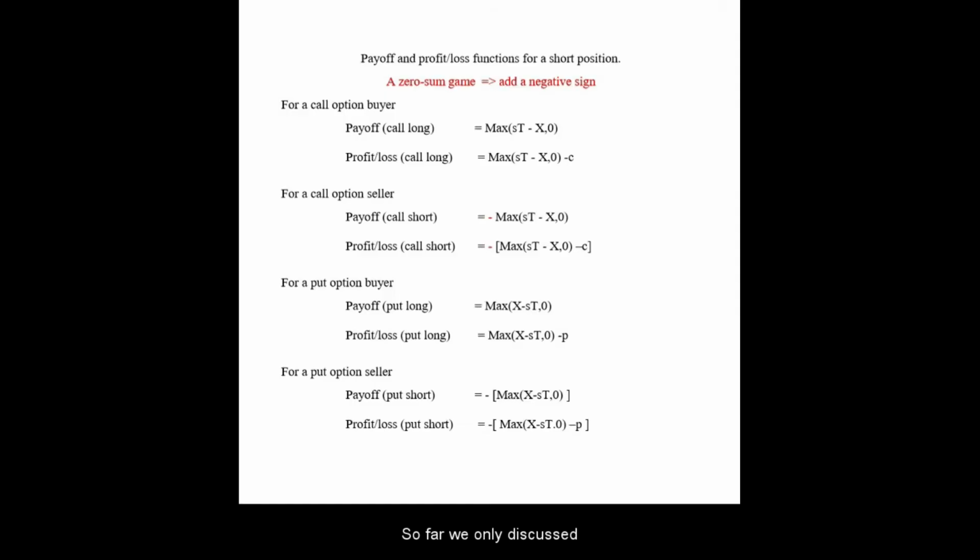So far, we only discussed the payoff and the profit loss function for a long position. For a short position, just remember one concept. This is a zero-sum game, so we simply add a negative sign. That's it.